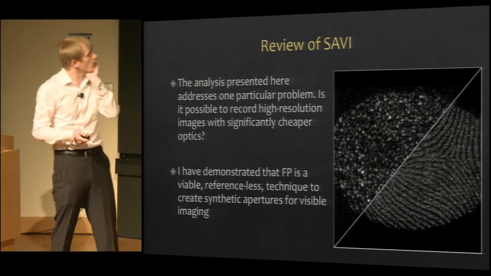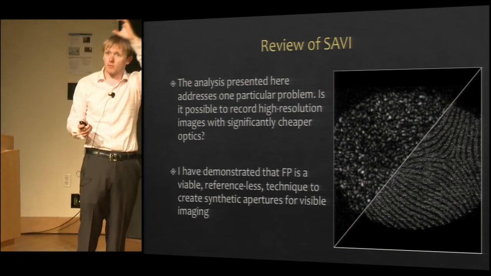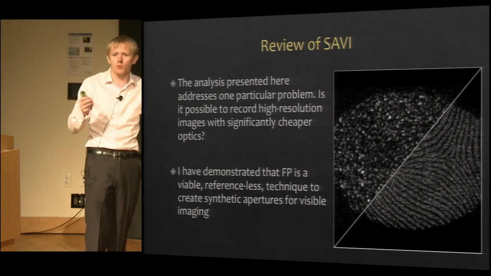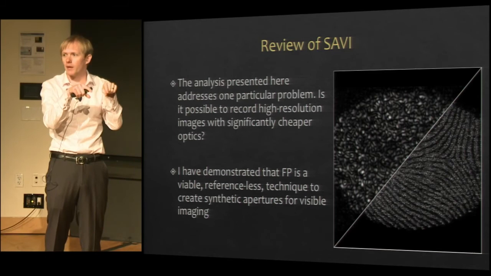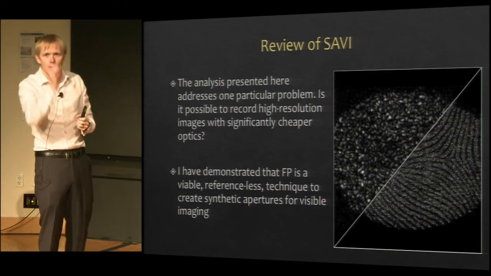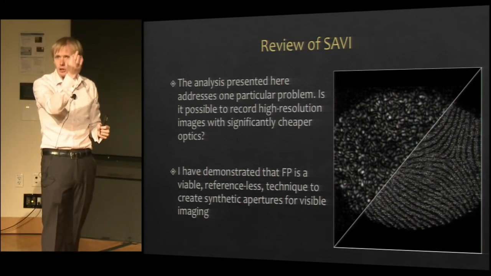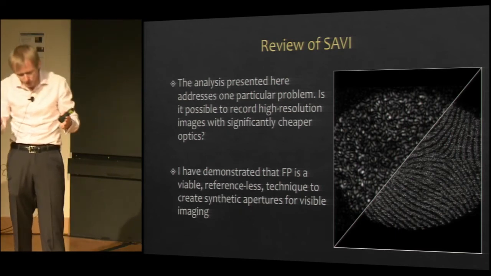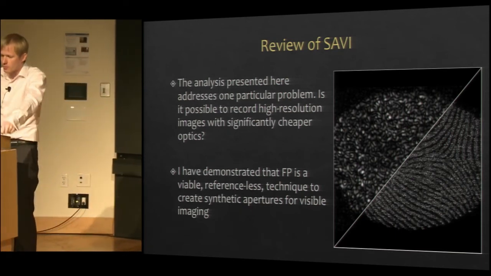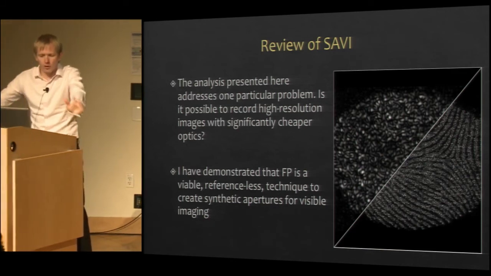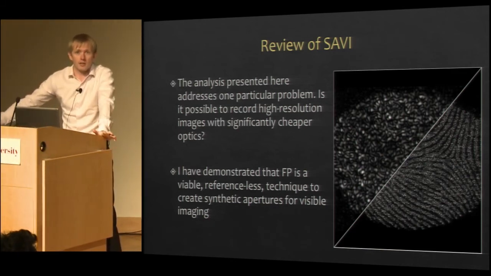Now, what I've shown is for a translating stage, but there's no fundamental reason that we cannot make an array of images and then either move our laser source to introduce diversity or move the array itself a few times. And then we've also demonstrated that Fourier ptychography and the use of SAVI is a viable system for achieving this goal.